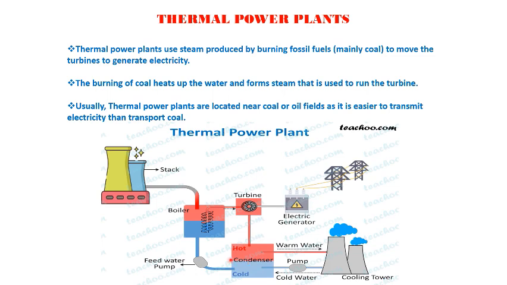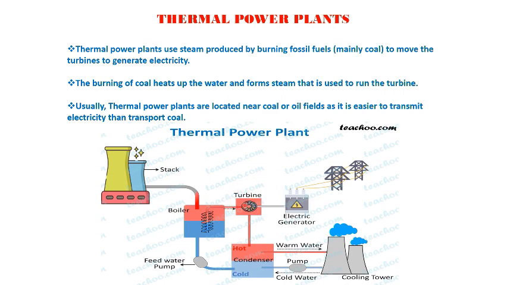Okay, now when we heat this water of the boiler by using coal, at that moment the water of this boiler is converted to steam, and that steam is transferred through this tube and rotates this turbine.